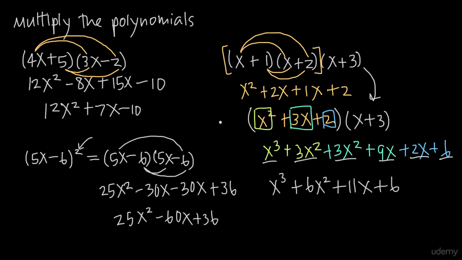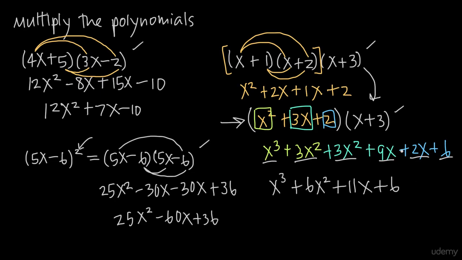We could have also been given this problem to start with, a trinomial multiplied by a binomial, and gotten the same result. We just did this as a two-step process. So the point is, no matter how many polynomials you have, in this example we had 2 polynomials, and in this example we had 3 polynomials that we simplified to 2 polynomials before we got our final answer.